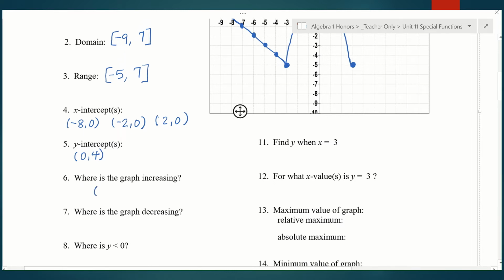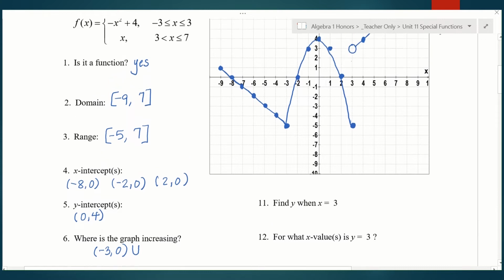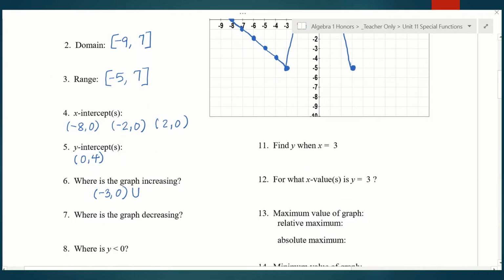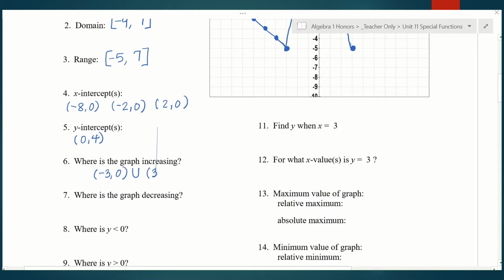So we're going to say from -3 to 0, our graph is increasing. That's our first interval. And remember, we don't use brackets because it's between those numbers. All right, so we said there was another increasing interval, so I'm going to connect that with our union symbol there. So the other interval that it's increasing is between when x is 3 and when x is 7. So 3 to 7 is the other interval where it's increasing.